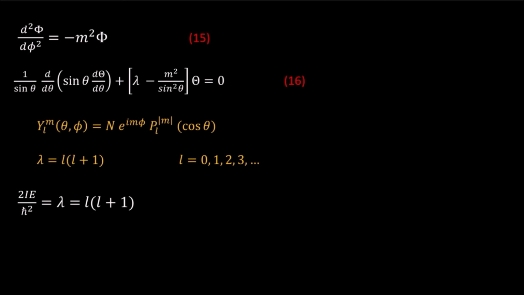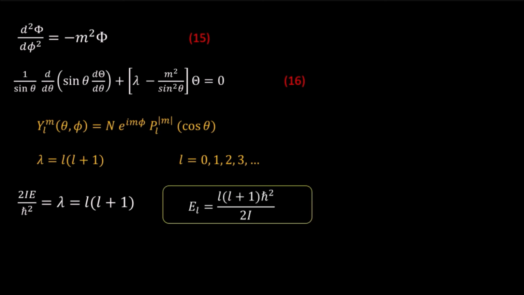Therefore, the expression for energy can be written as E_L equal to L(L+1) ħ² by 2I. I put this subscript because this energy depends on the quantum number L. So the energy of the rigid rotator depends on the quantum number L, which can have values 0, 1, 2, 3, etc. And hence it is quantized, with the separation L(L+1) ħ² by I between any two consecutive levels.